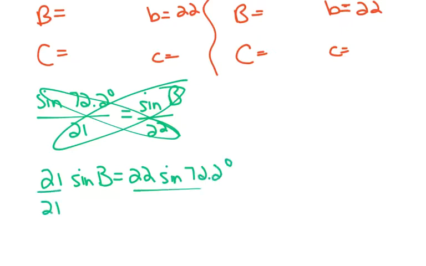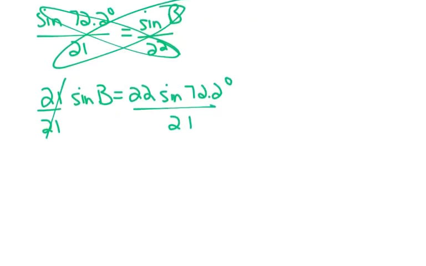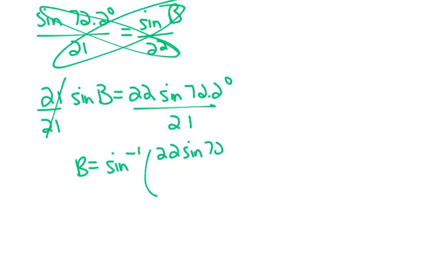I'm going to divide by 21, and then I'm going to do the inverse sine of that. And I'm going to get an answer of approximately 85.9 or 86. We'll call it 86.